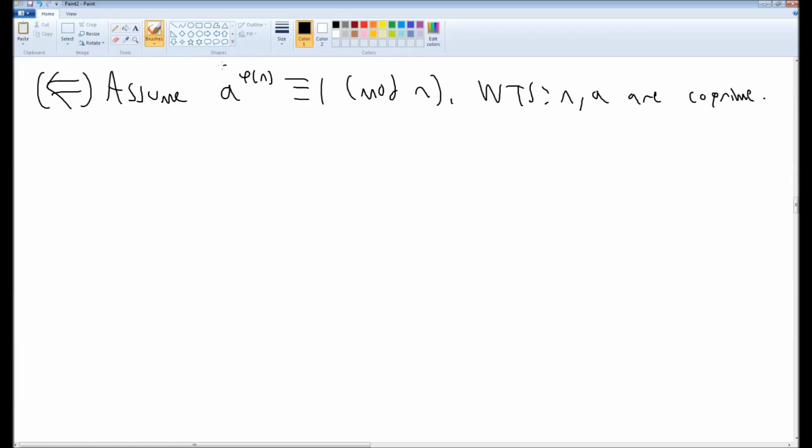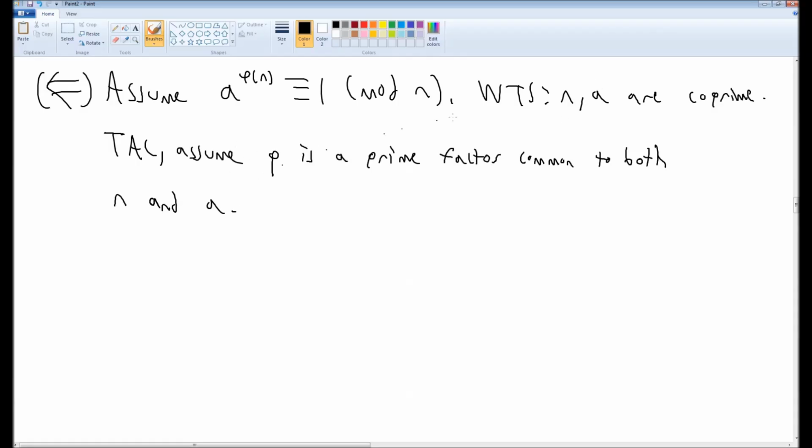For the backwards direction, we want to assume that this congruence holds, and we're trying to show that n and a have to be coprime to each other. How do we do it? One way is by contradiction. So towards a contradiction, assume that they're not coprime. Okay, if they're not coprime, that's the same as saying they have some prime factor in common. Assume p is a prime factor which is common to both of these guys. Okay, well, here's the thing.